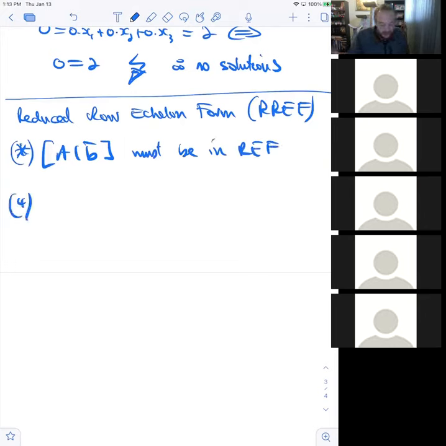And then 4, we have to have each column containing, let's put it this way, I won't be confusing. All leading entries must be leading ones.